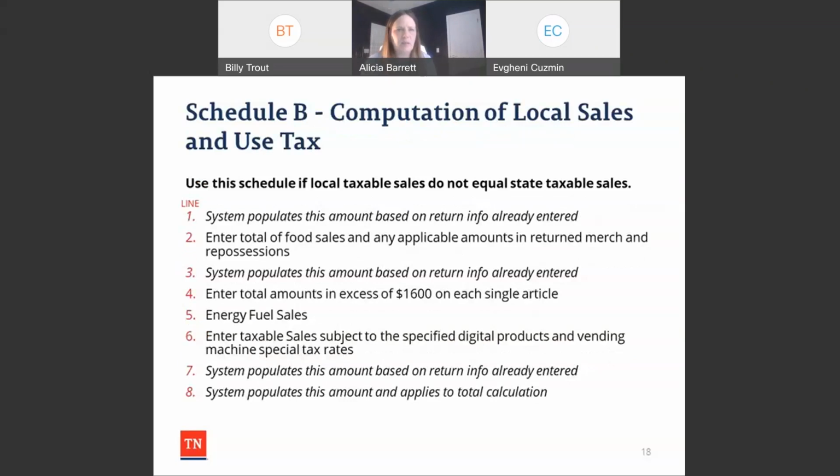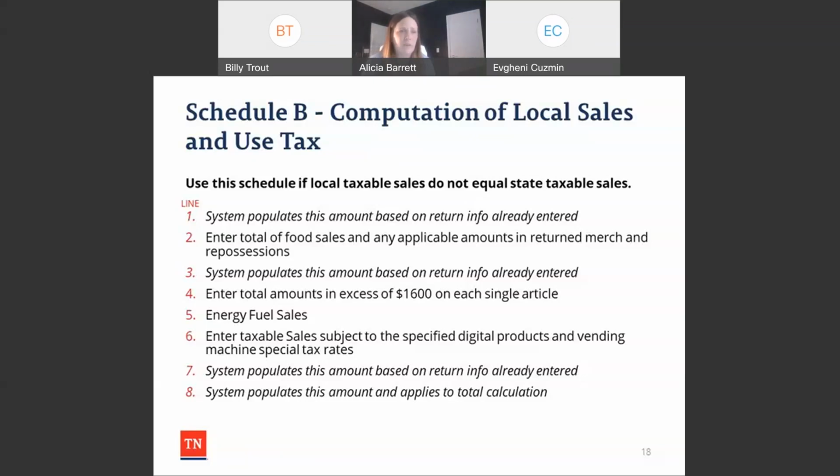Schedule B is talking about the computation of local sales and use tax. So this is going to be if your local taxable sales does not equal your state taxable sales. That situation might be, for example, when we use that Schedule A, anything that we took out on that Schedule A might need to be added back.